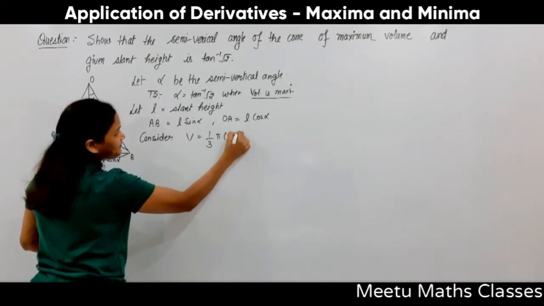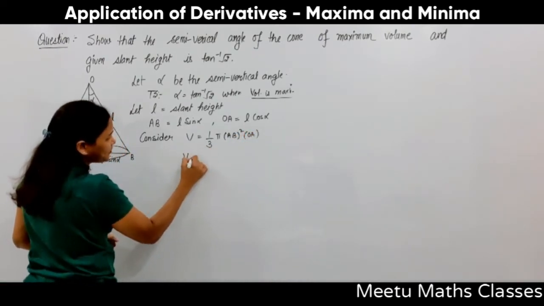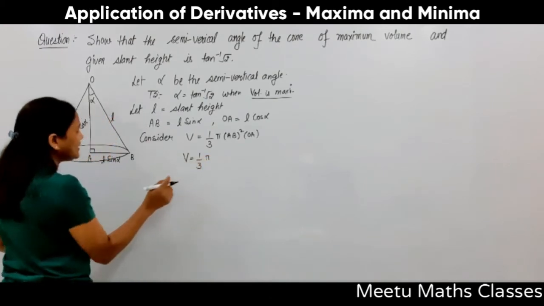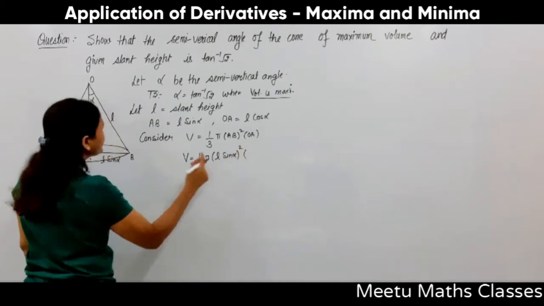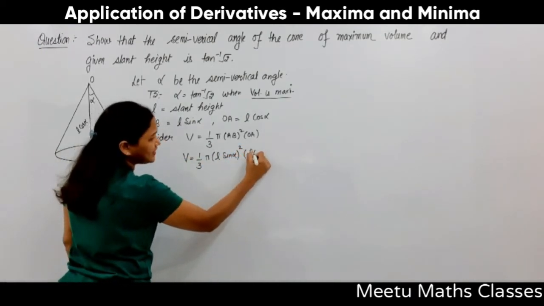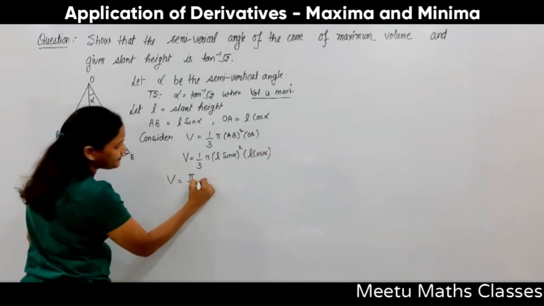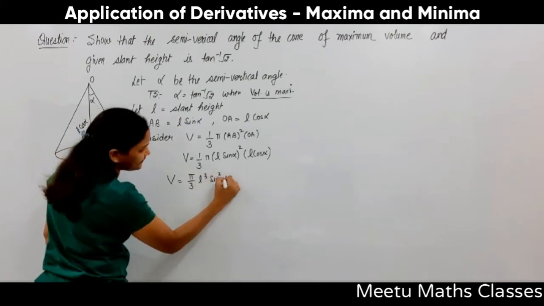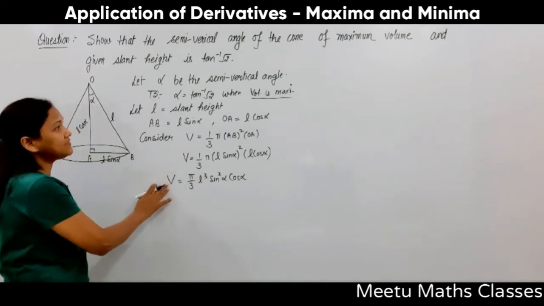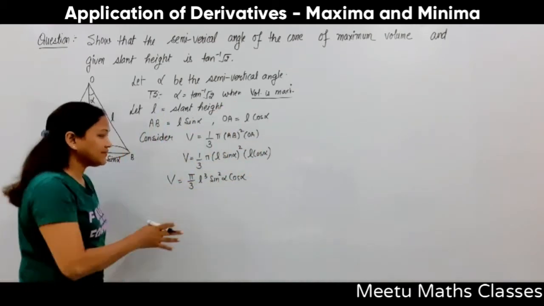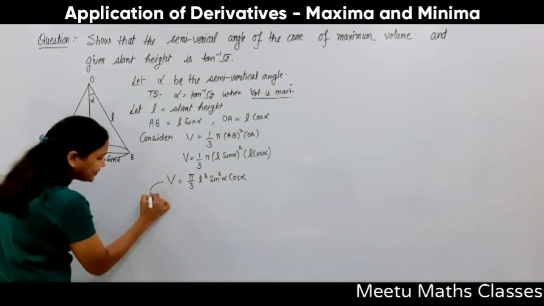AB square into h, which is OA, so that will be 1 by 3 pi, L sin alpha whole square, and OA is L cos alpha, which equals pi by 3 L cube sin square alpha into cos alpha. Now to maximize this function, we first find the first derivative and then the critical points. So differentiate it once.